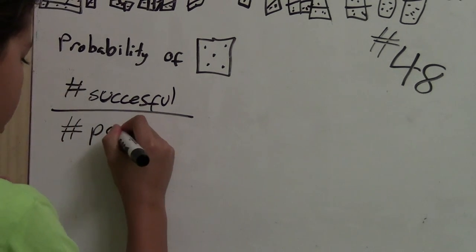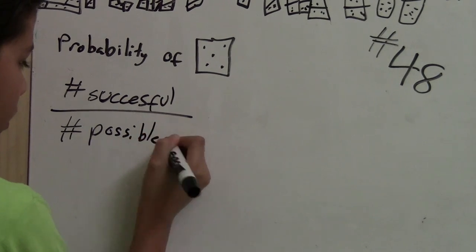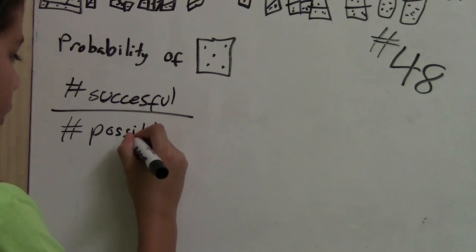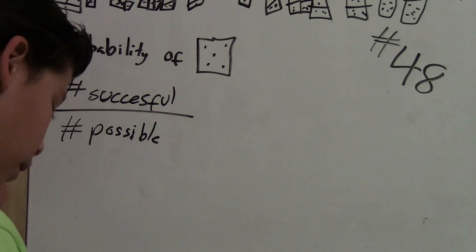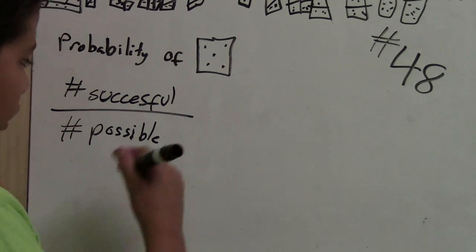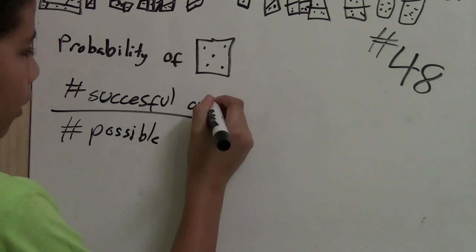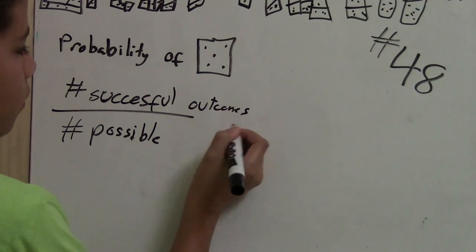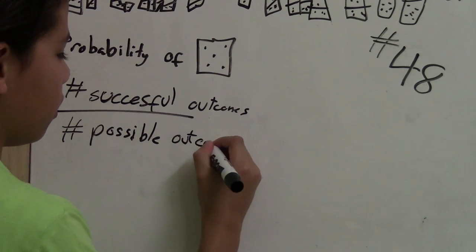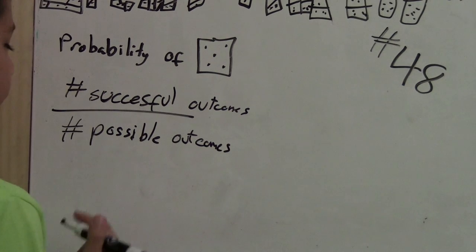Make sure you write the formula correctly for the top. It's number of successful outcomes.